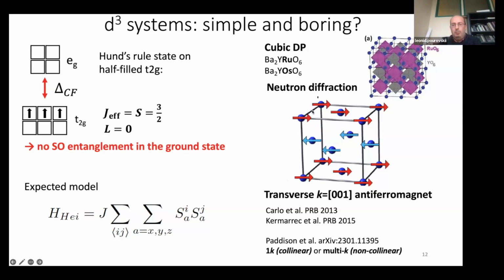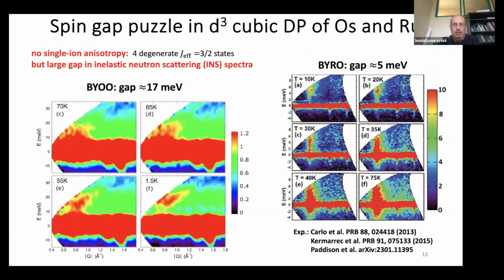Experimentally, as Bruce already presented, one indeed finds a not very exotic antiferromagnet with 001 propagation vector. And the real puzzle is the excitation spectra, which again was already presented.